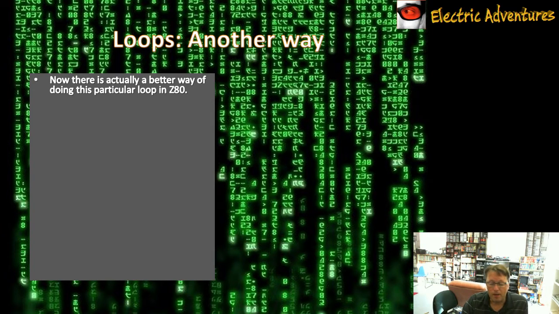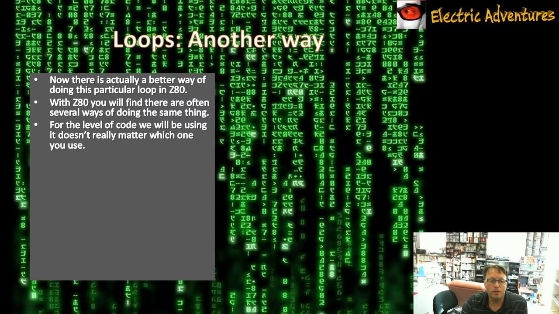To make up for that, most of the time Z80s are clocked much higher. So there is actually a better way of doing this particular loop. You will find quite often there are several ways of doing the same thing.